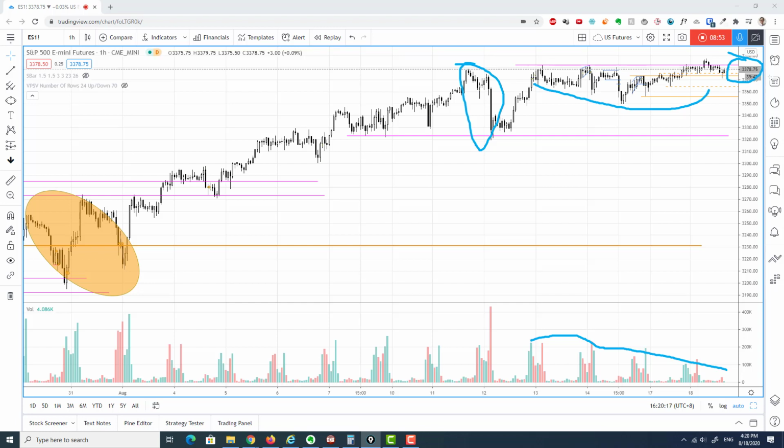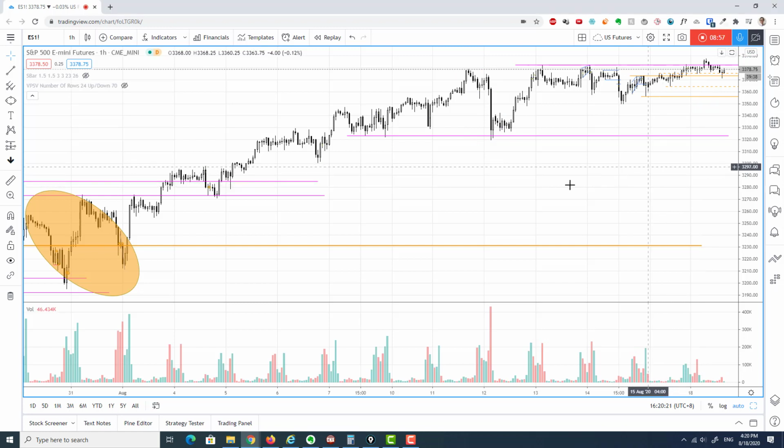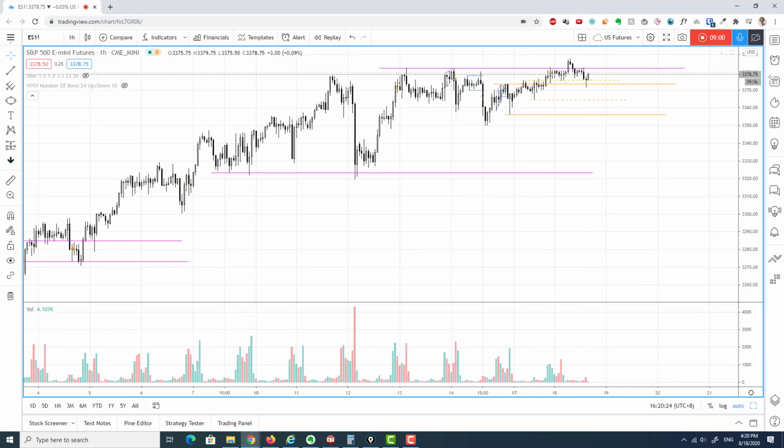So I suspect that it could have another attempt to break out of the resistance here to test the all-time high level. You could see something like this: retrace a bit, then break out, and continue to go up. We'll see what happens next.